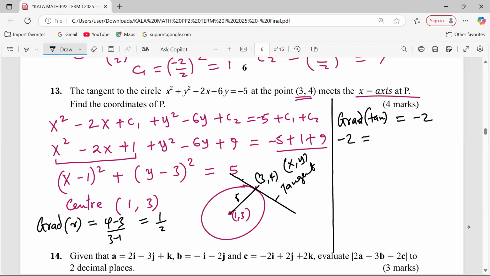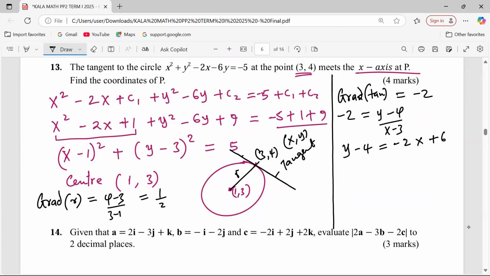Negative 2 equals change in y, y minus 4, over change in x, x minus 3. Multiplying, y minus 4 equals negative 2 times x, and negative 2 times negative 3 becomes positive 6. So y equals negative 2x plus 10. This is the equation for the tangent.